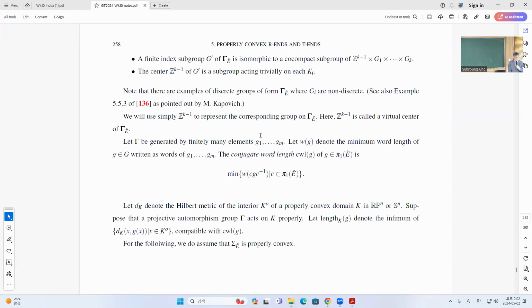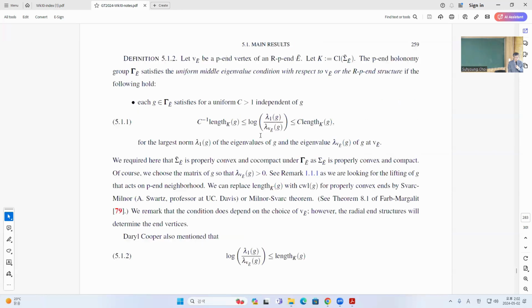Okay, so let's introduce the uniform middle eigenvalue condition. So we have these Pn of the Rp and then Kb, these things. So sigma tilde is actually not something embedded, but it's just the space of rays.